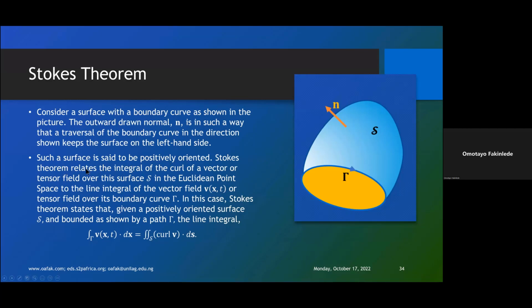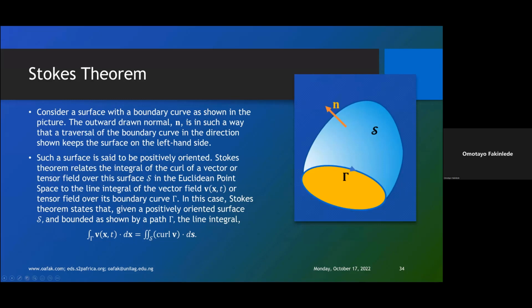Stokes theorem relates the integral of the curl of a vector or tensor field on this surface in Euclidean point space to the integral of the vector or tensor field over its boundary curve. What are we saying? Let us see the formula. Stokes theorem says, given a positively oriented surface S bounded as shown by a path L, the surface is open and ends in a curve.